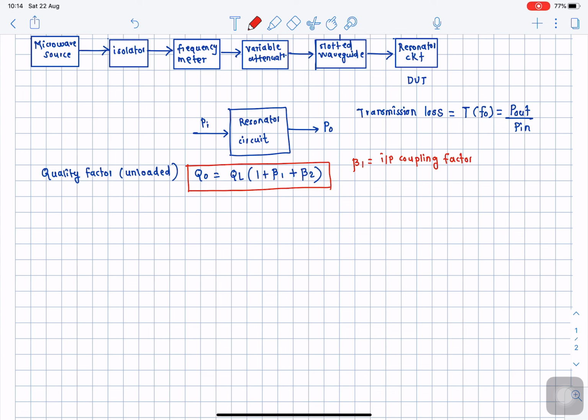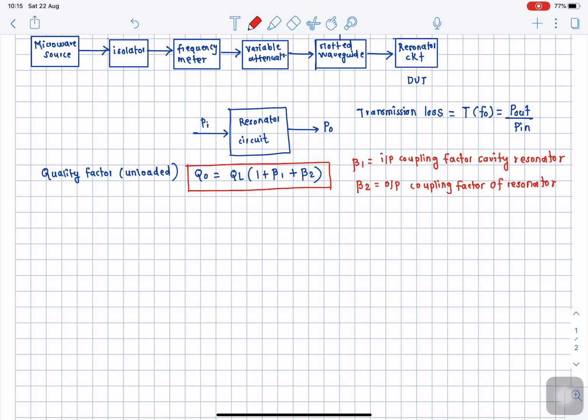of cavity resonator. We are making use of a cavity resonator, please remember. And similarly, beta 2 is the output coupling factor of resonator. So these coupling factors of the resonator are expressed in terms of voltage standing wave ratio at the resonance.